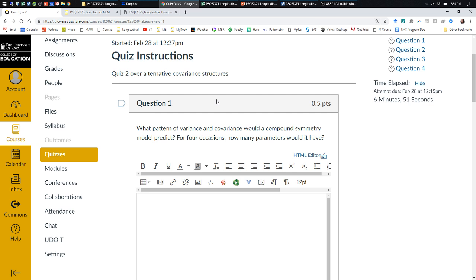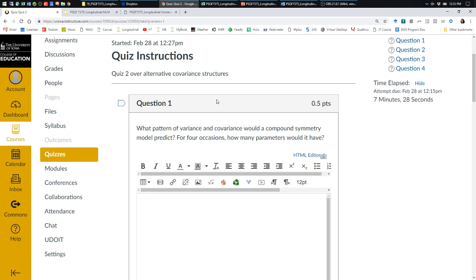Looking for one key word here that starts with a C. Maybe your word doesn't start with a C. Maybe you're thinking of a synonym. Constant, that's the word I was thinking of. The same variance over time and the same covariance over time.